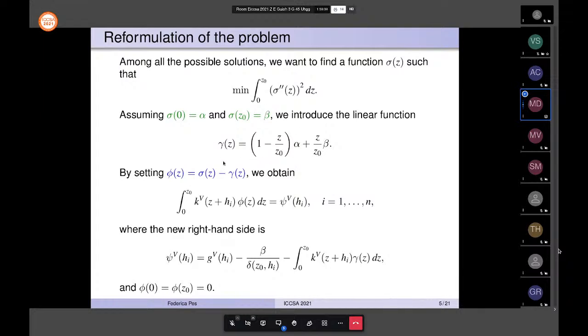So we introduce this gamma, we consider the difference sigma minus gamma, and we obtain this model. So first of all, we search a function phi for which the values at the endpoints are equal to 0.